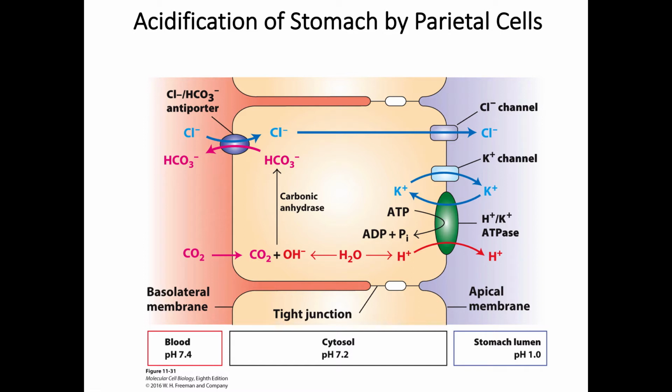To maintain that, as the bicarbonate is being pumped out, you are getting chloride inside the cell. This is a chloride bicarbonate antiporter. So chloride is getting inside the cell, and the cell also has chloride channels.